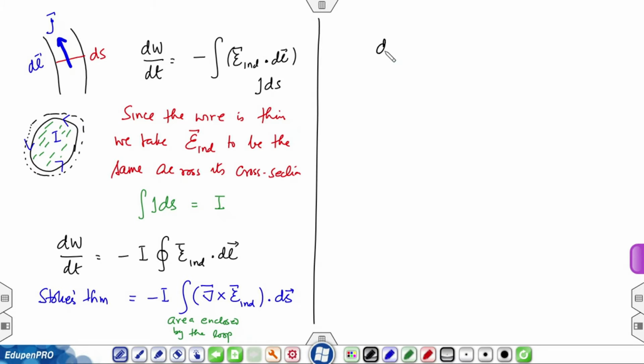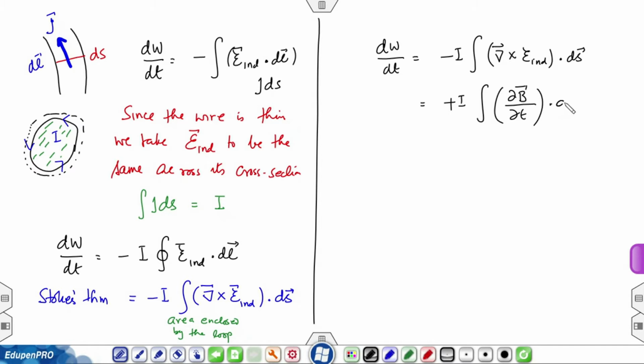So, dW/dt is equal to minus I integral curl of E induced dot ds, which I can write using Faraday's law as plus I integral dB/dt dot ds.